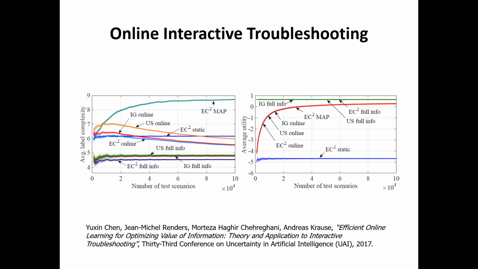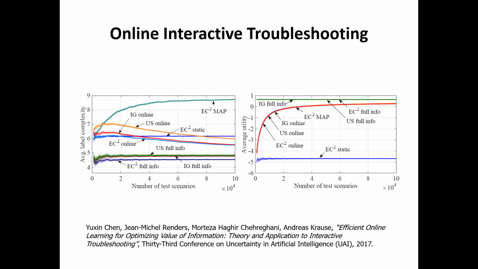However, if we compare the results with the results at the left, which are about the complexities, we observe that online EC2 yields this good utility with much less complexity compared to the alternatives.